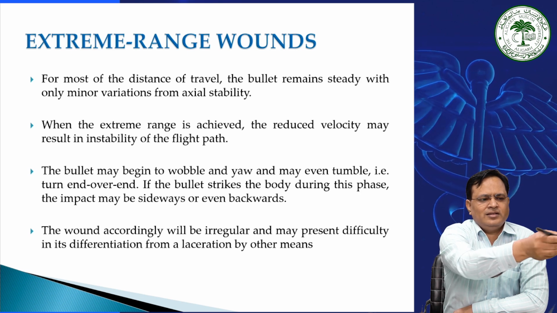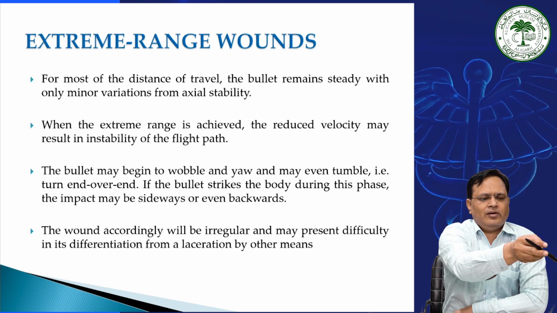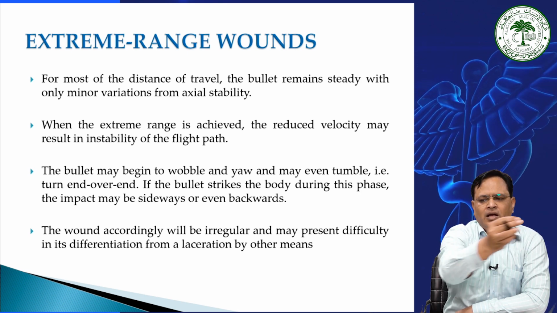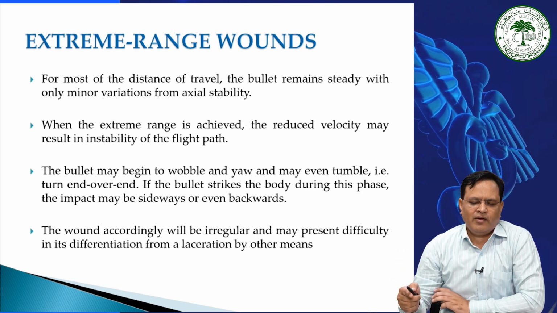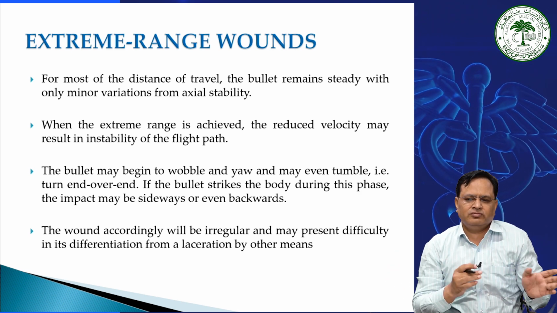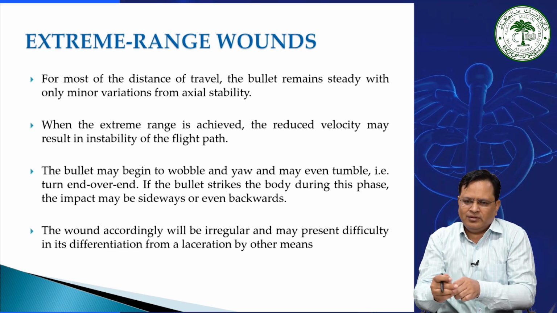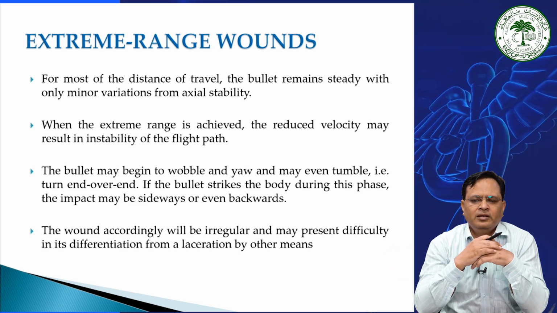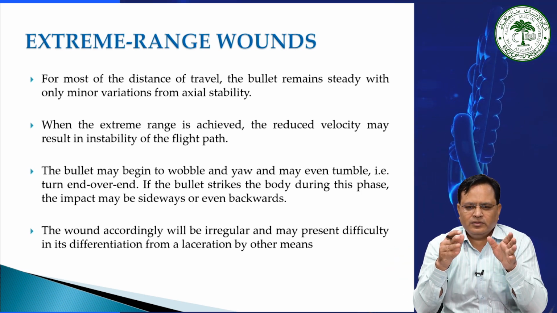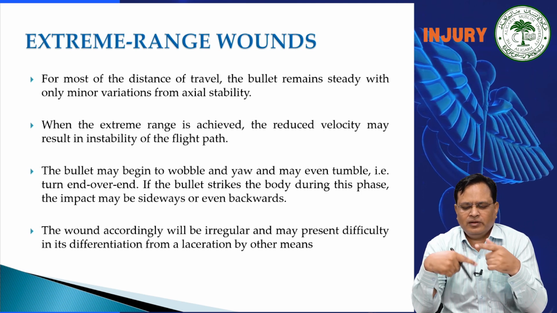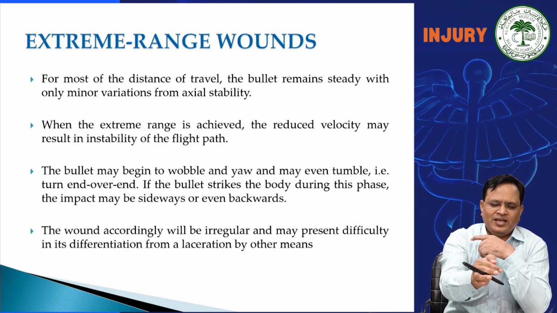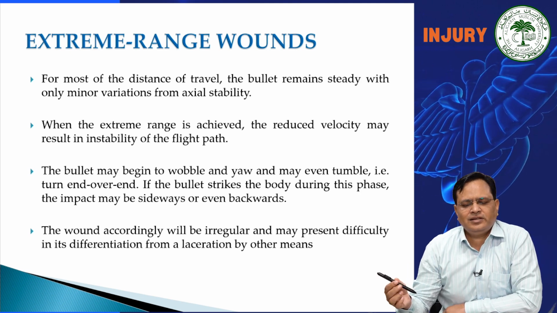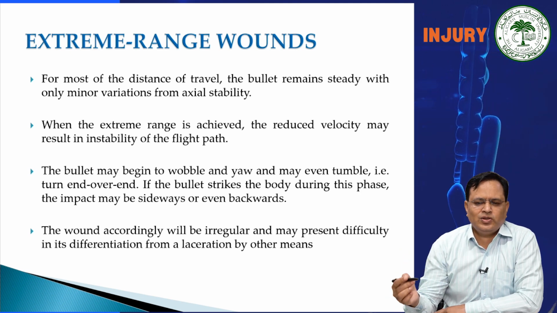It can further go trembling after a certain distance. After a certain distance, which differs depending upon the weapon, it can deviate from the path, or the bullet can just move around its axis, and it can penetrate the tissue.